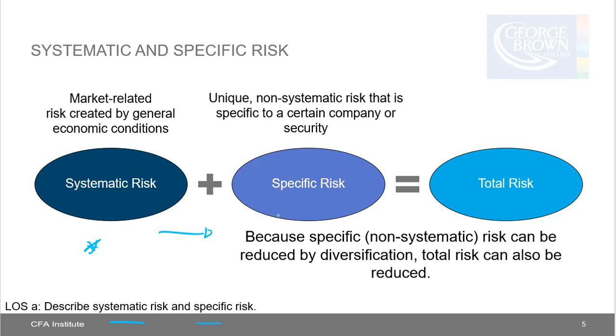Examples include the share price response when a company launches a successful new product, for example, the Apple iPad, or the response to negative news that a promising new drug has failed in trials. The difference between systematic and specific risk is important because the two types of risk have different implications for investors. An investor can reduce specific risk by holding a number of different securities in the portfolio.